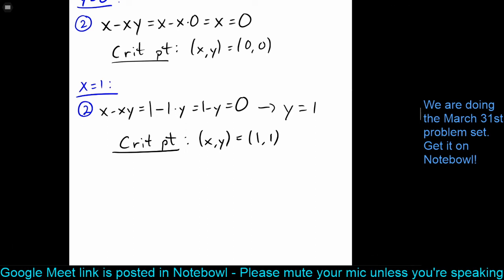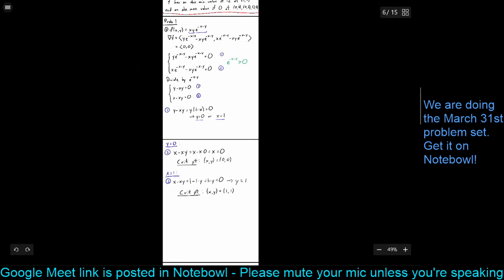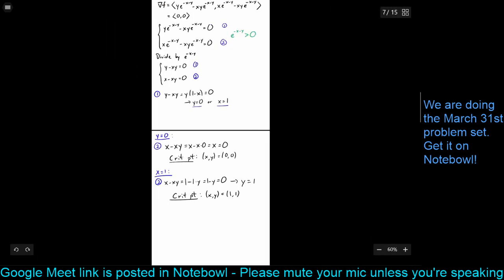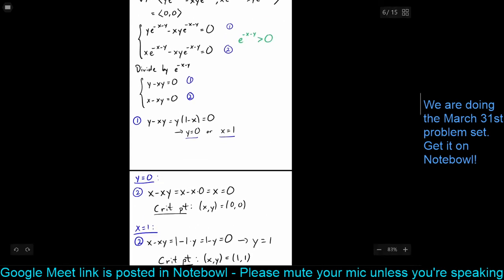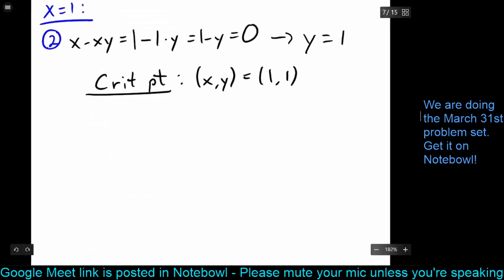Now that we have our critical points for this, we need to run the second derivative test on this to see, is it a local maximum, a local minimum, a saddle point, or does the test fail? So remember here, there's two pieces we need to compute, and they involve the second derivatives.